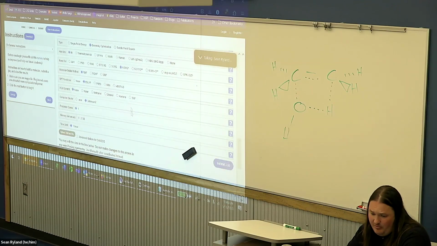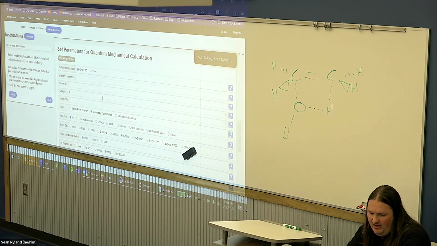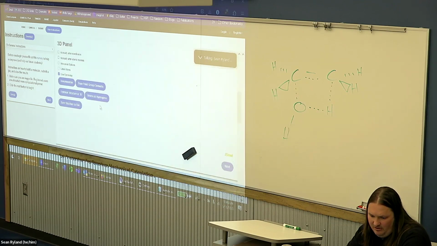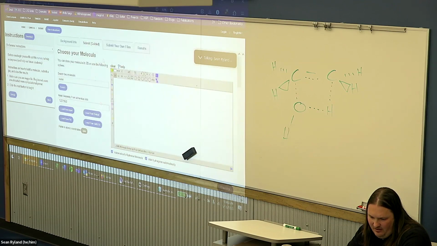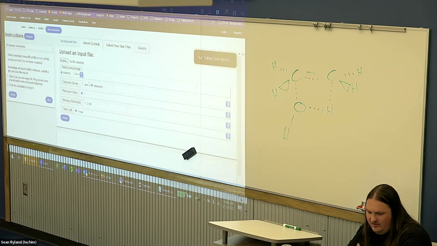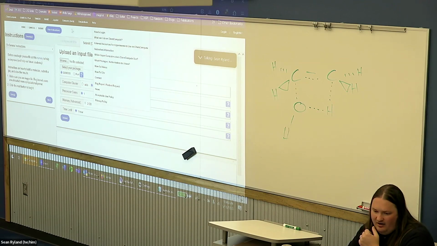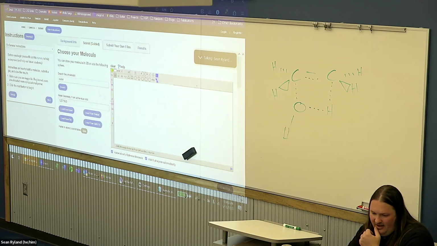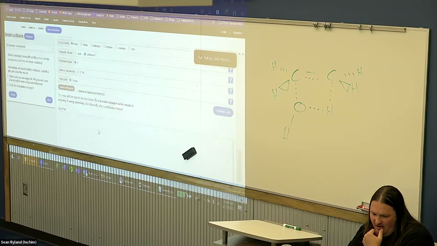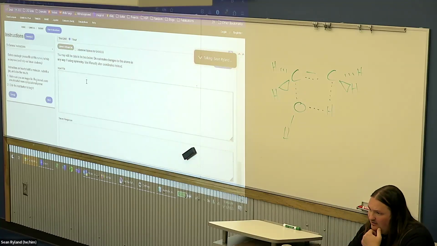If you generate your geometry, it winds up being up here. There you can submit your own files, and then you can browse for the file, or if you go to the guided submit, you can copy and paste and put it right in here and everything will run.